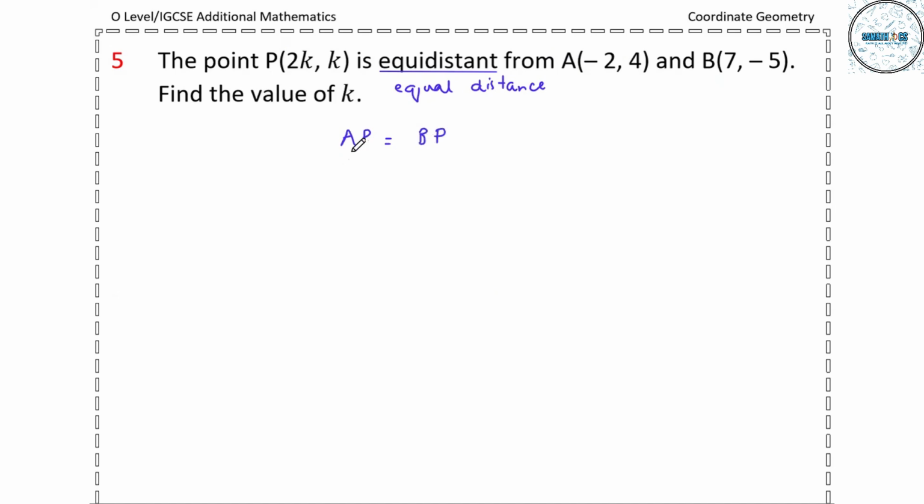On this side, we will take out the AP, the distance from A to P, and here we will take out the distance from B to P using the distance formula. So here from A to P, we will do (minus 2 minus 2k) whole square plus (4 minus k) whole square.